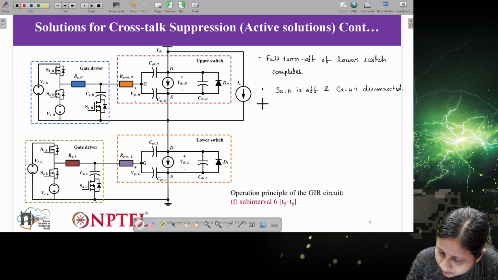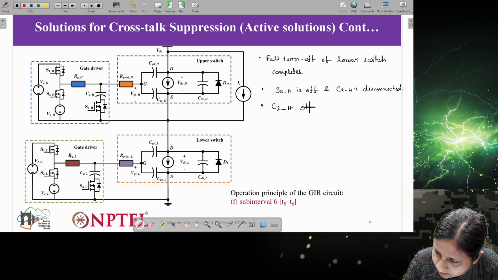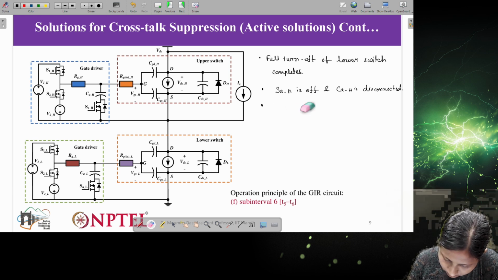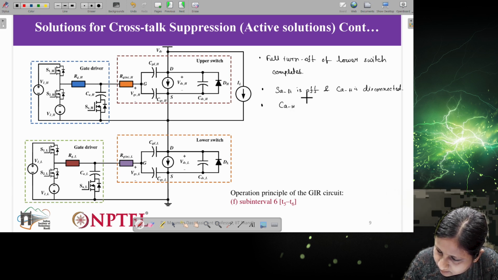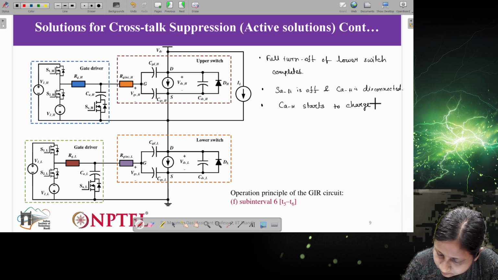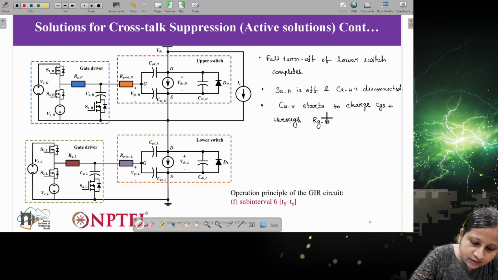Okay, now CAH starts to charge. So in this case, what is happening?